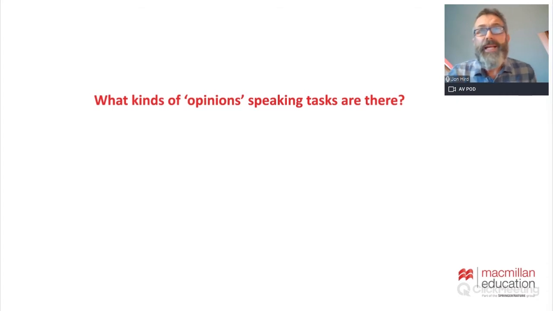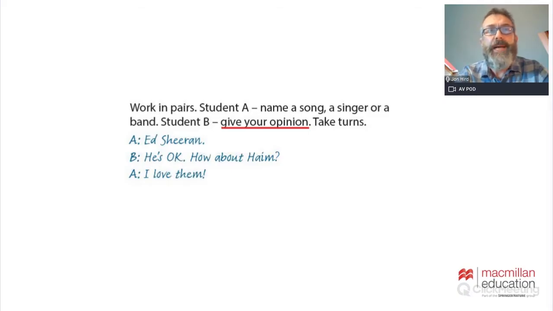Okay, well, I think that probably a lot of the activities that we do in the classroom require engagement with giving opinion, agreeing, disagreeing, and so on. But there are some activities that we can do which are more overtly focused on the language of opinion. So what I'd like to do first is just look at a few of these examples.